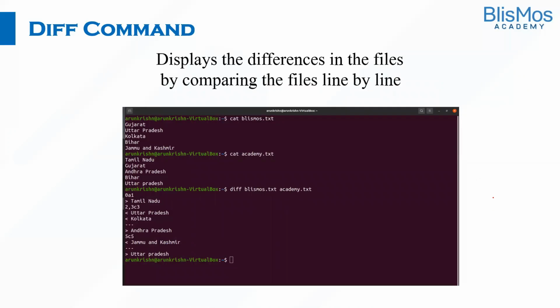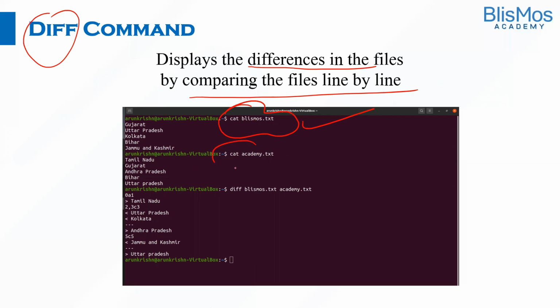As we already indicated, diff command displays the differences in the files, comparing the files line by line. For example, here we have a file called blissmas.txt, and we have another file called academy.txt. When we use a diff command on these two files, you can see by using its symbols, it is telling us how to make this file identical with this file.